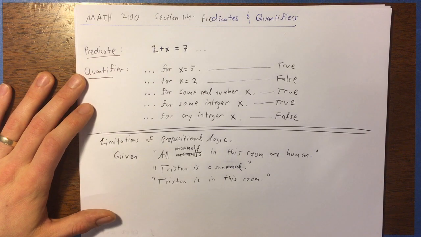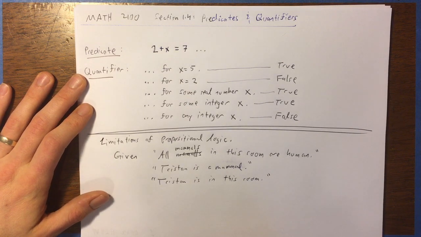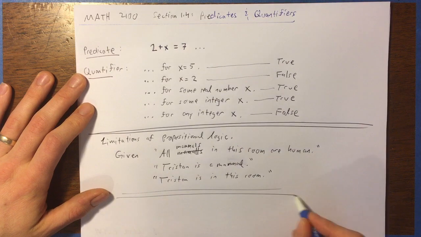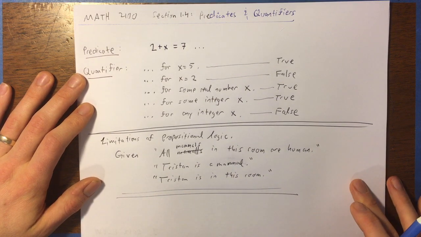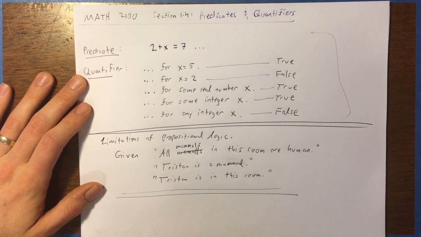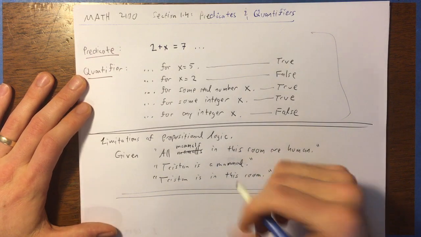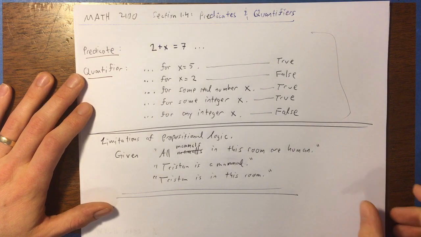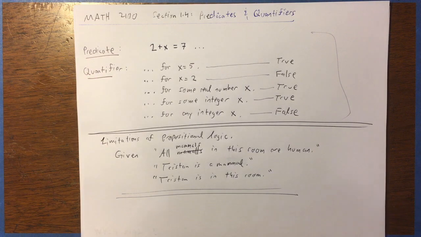Well, the rules of propositional logic alone cannot conclude that Tristan is a human. In order to make that conclusion, we need to represent these statements with a different type of logic. We need to represent it with predicates and quantifiers. And then we have logical rules that would allow us to make the conclusion we want to make. So this motivates the idea of predicate logic. I'll explain some details in the next video.